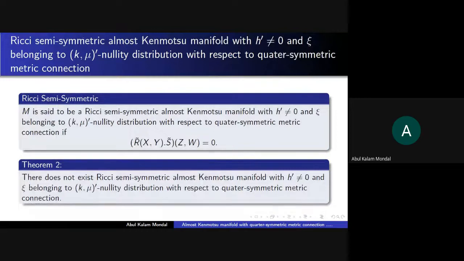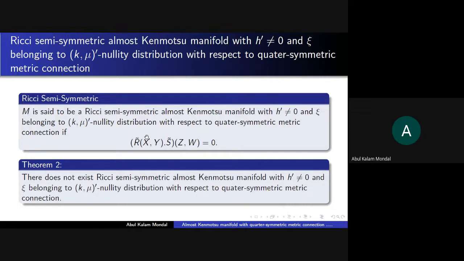We have also studied the ξ-symmetric almost cosymplectic manifold with h' not equal to 0 and ξ belonging to the (k, μ)-nullity distribution with respect to the quarter-symmetric connection if the condition is satisfied.